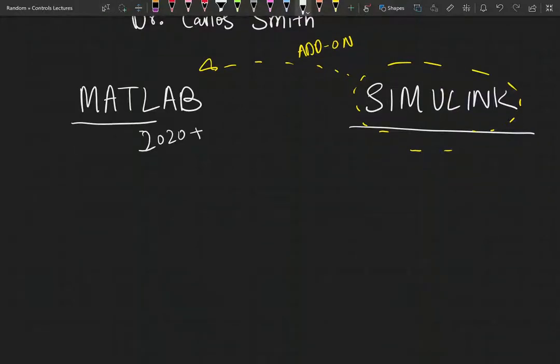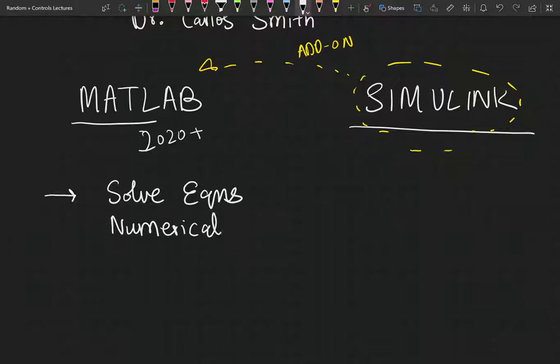And in both of these programs, your objective is basically to solve equations numerically. That was the traditional objective. Now you also have tools that can solve equations symbolically, but we're not going to discuss that here. The main objective, for us at least, is to solve equations numerically.